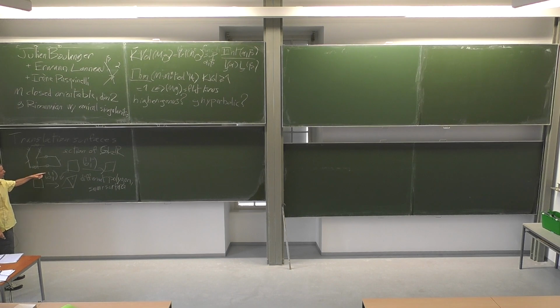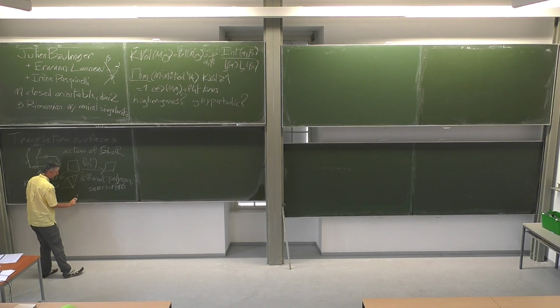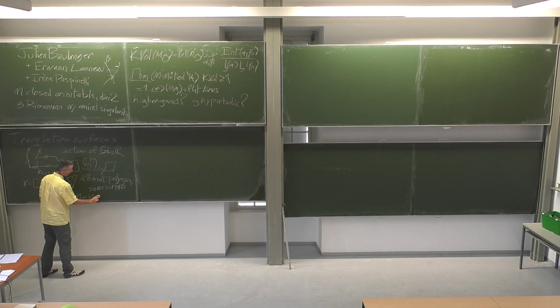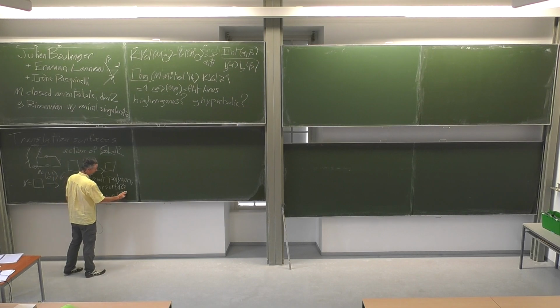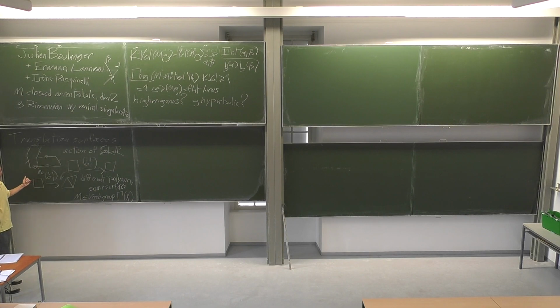And when this happens, we say the matrix lies in the Veech group of the surface. So this is the matrix M, and this is the translation surface X. Translation surfaces are always called X. And in this case, I say that M lies in the Veech group gamma of X. So it's a group of affine symmetries of the translation surface.